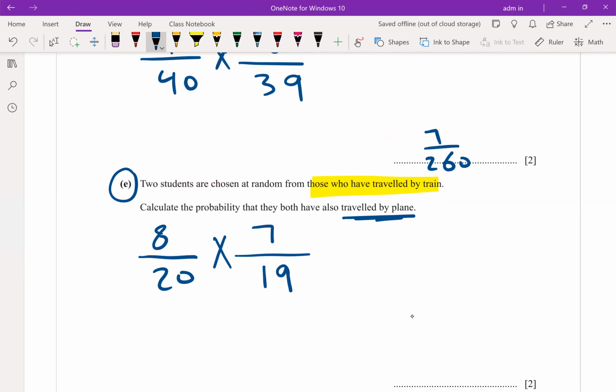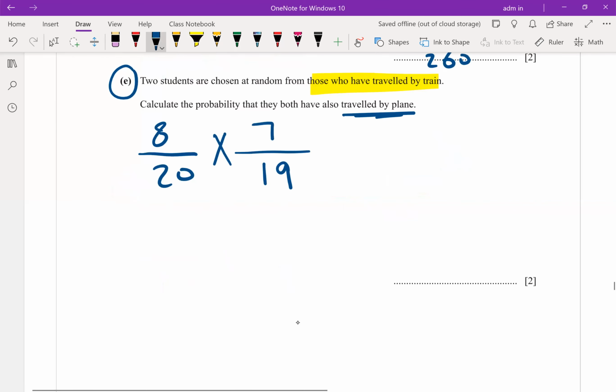Then he asked about using a plane. How many using a plane? 8 out of 20. Then reduce by 1, 7 out of 19. Give me your final answer. 14 out of 95, correct.